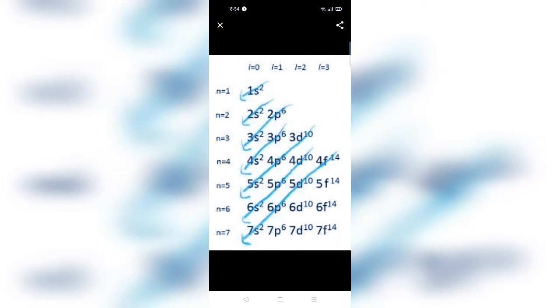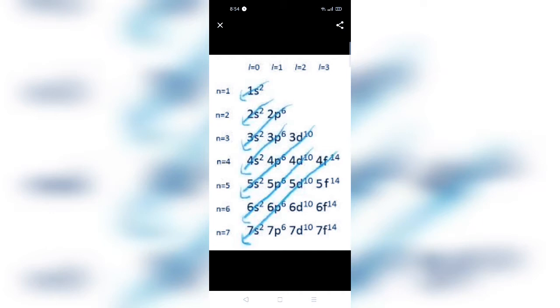And we write electronic configuration by using the arrow head to tail rule. We first write 1s2, then 2s2, then 2p6, 3s2, and 3p6, and after that 3p we will write 4s2, then 3d10, 4p6, and 5s2.